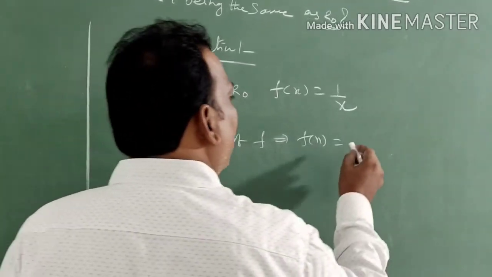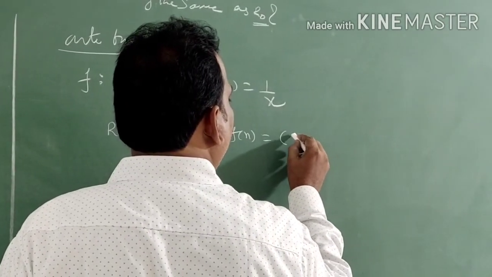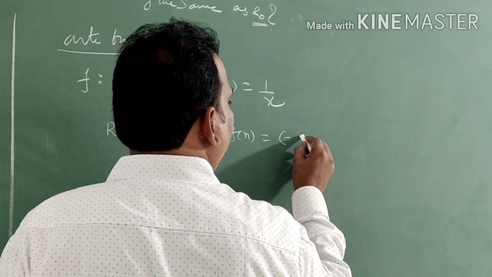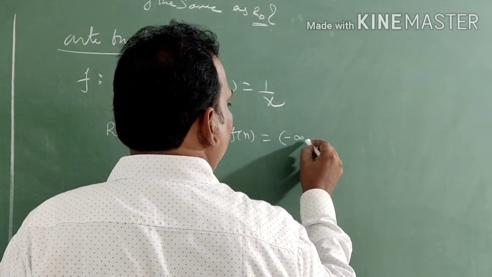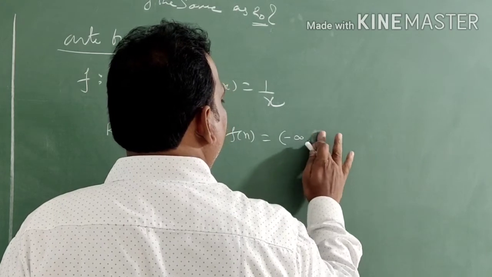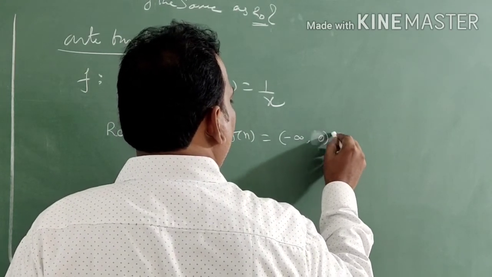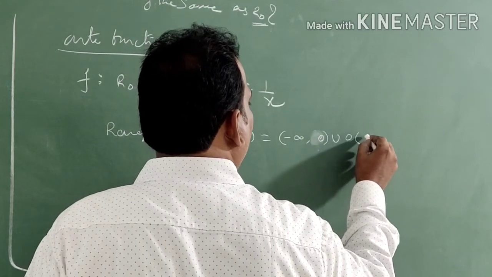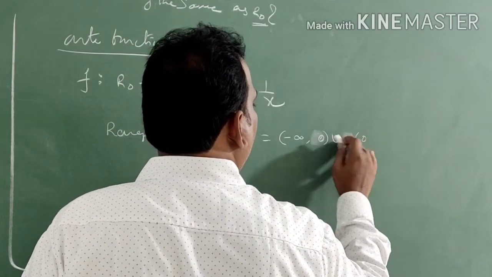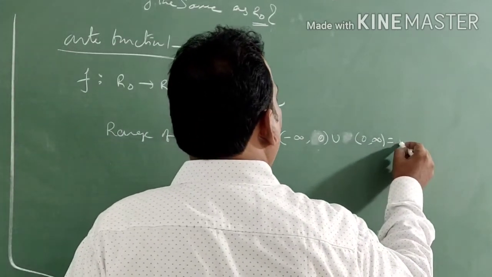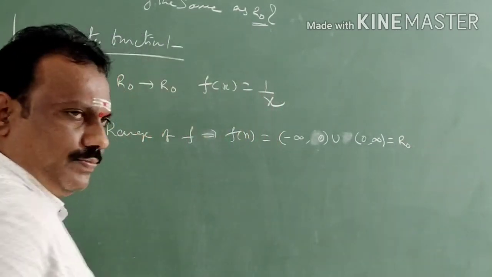You are getting all real numbers, correct or not? Minus infinity to 0 union 0 to infinity. Otherwise we can write R0.